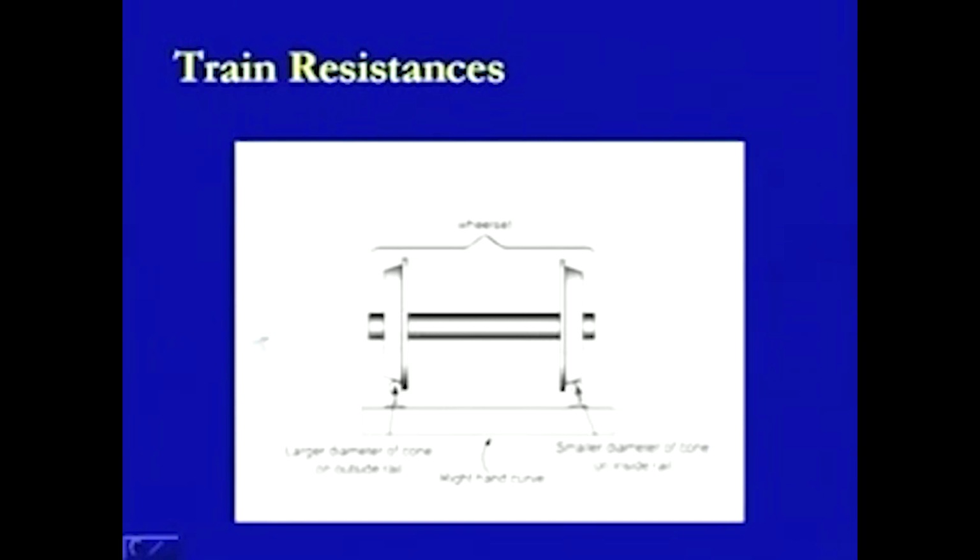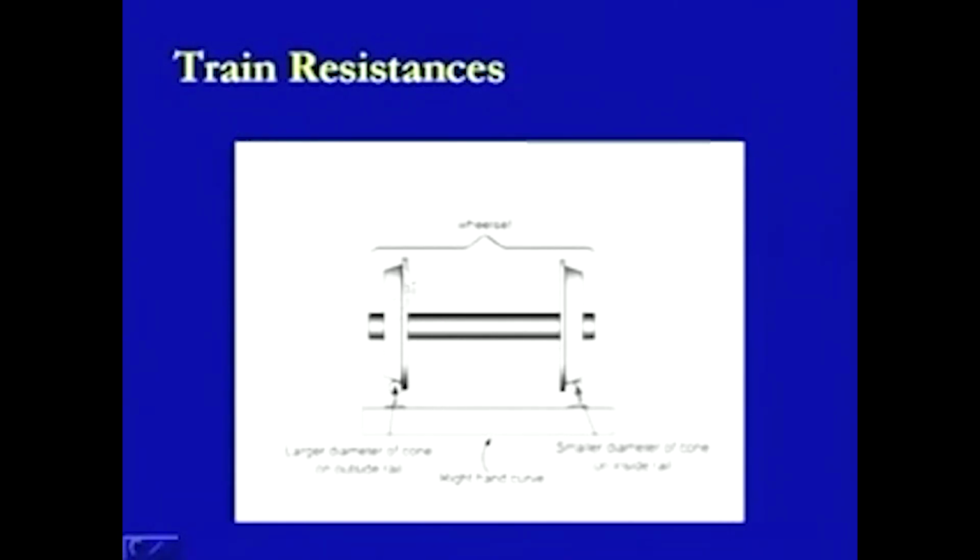When this centrifugal force acts in this direction, this axle will move laterally in this direction, and because the wheels have been coned, there will be a larger diameter at this side and a smaller diameter on this side. Of course, it is going to help as far as the movement is concerned, because we require a larger movement on the outer side of the curve as compared to the inner side of the curve.